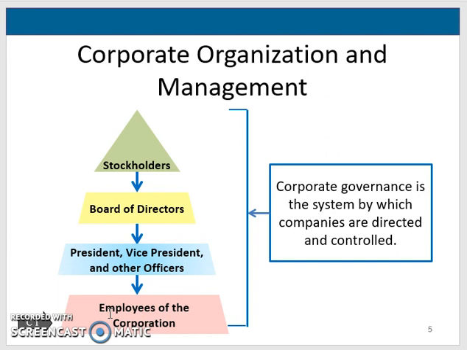When we look at this, we can see that the stockholders are at the top of it. The board of directors reports that information that the stockholders share with them to the president, vice president, and other important officers, and then they would be sharing the information with the employees of the company. But this is all part of how the company is being run, and the decisions and the policies that are created are part of the corporate governance system.